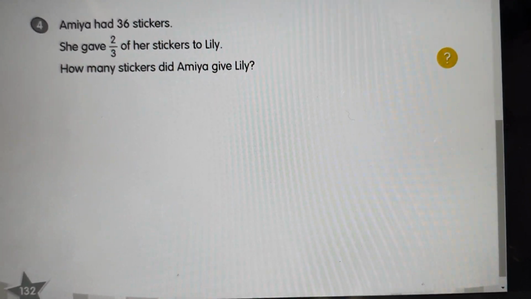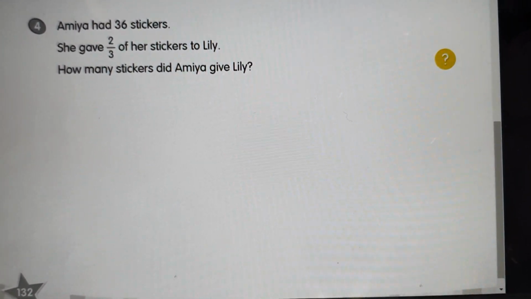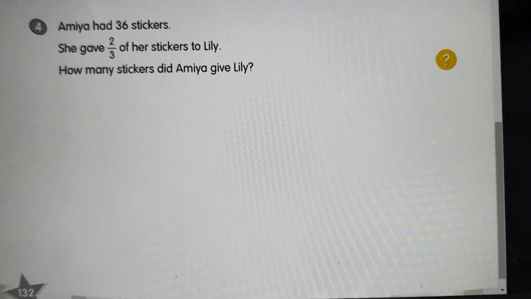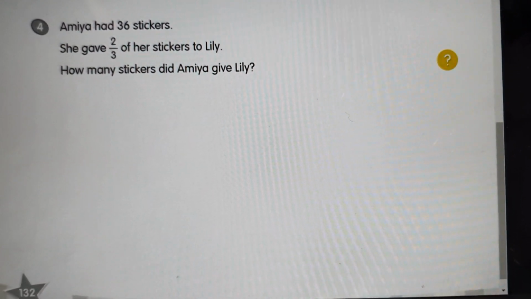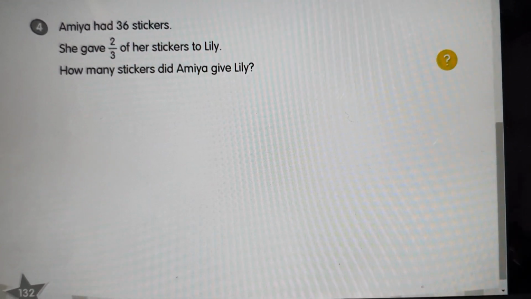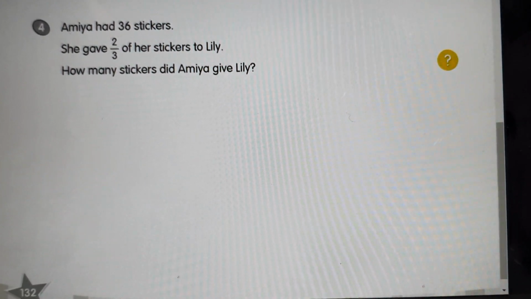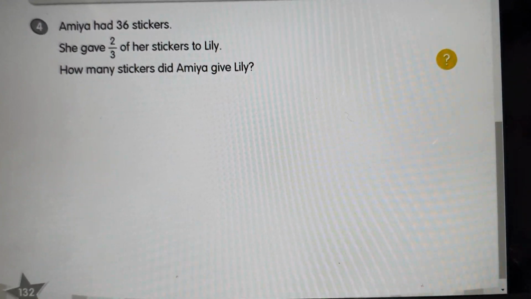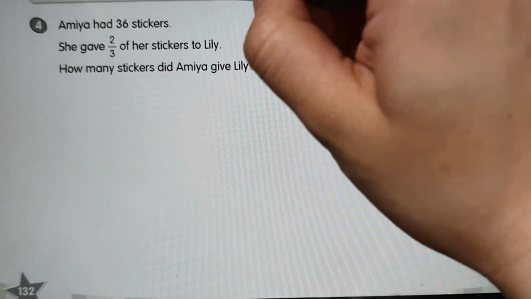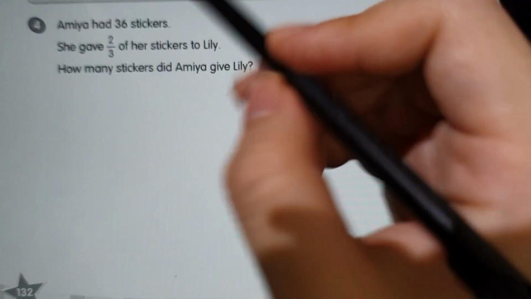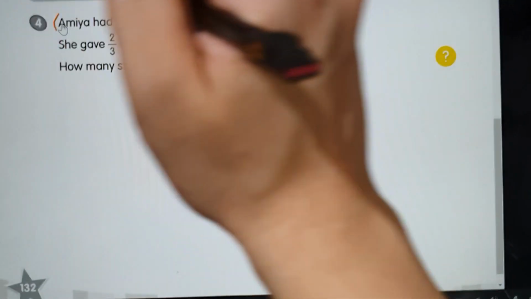Now, let's move on to question 4 on page 132. So, same thing. When you first read your question, you can actually first break it down into smaller sentences. Like this.